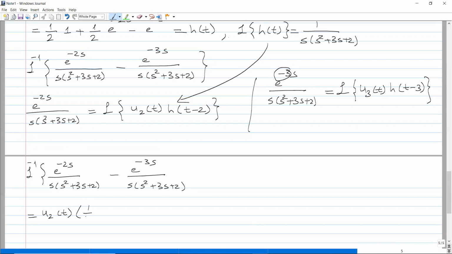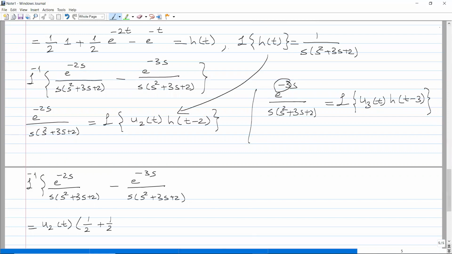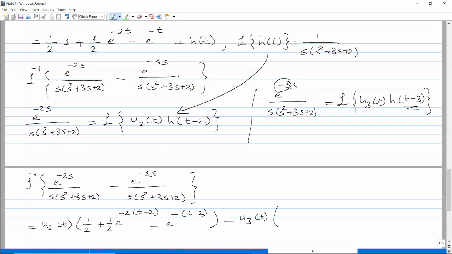So 1/2 plus 1/2 e to the power minus 2 times t minus 2. In parentheses, we are replacing t with t minus 2. Minus e to the minus t minus 2. And minus, for the second part, I have u3 times, and now in the function h, I need to take t minus 3.